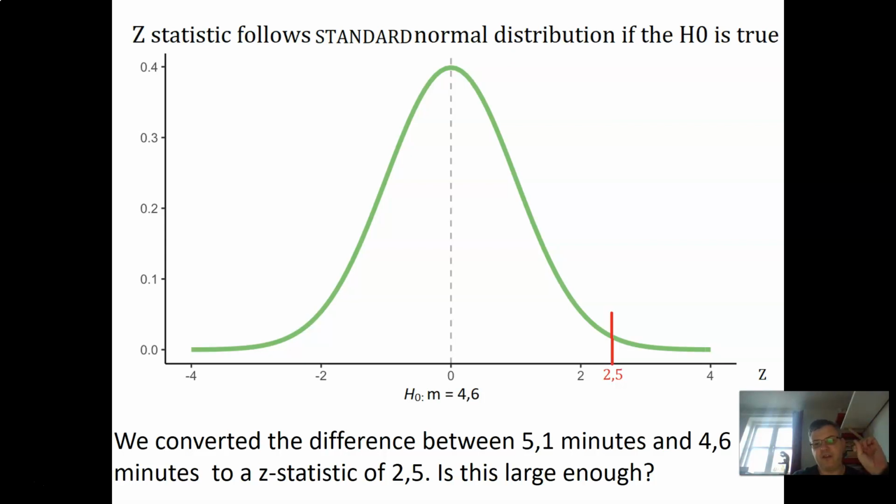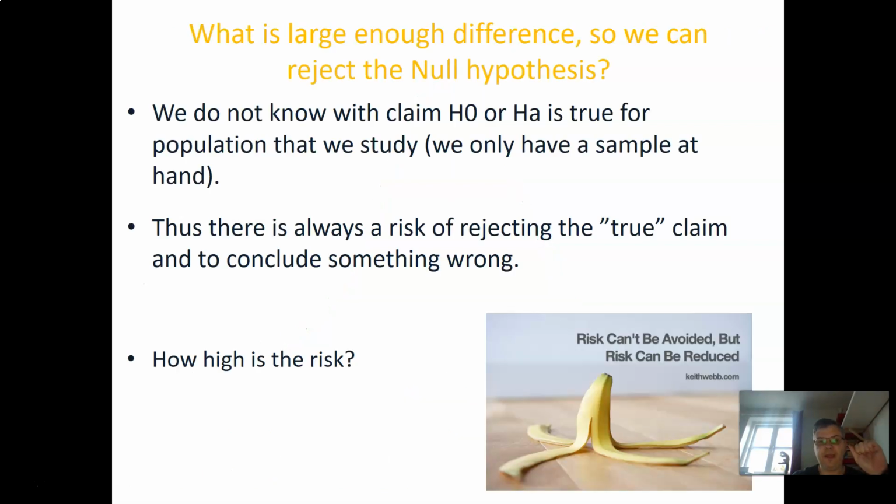Is this difference large enough to say that actually the time in line has increased? So basically, we want to say something about whether this 2.5 is far enough from zero that we are certain that the time in line has increased.